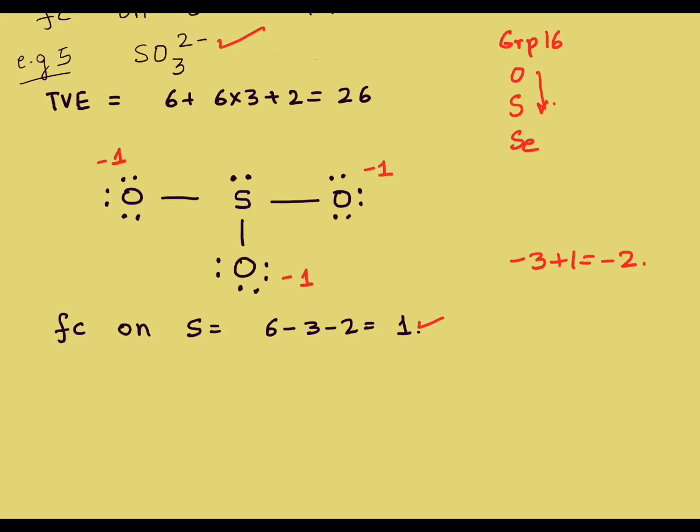I've already discussed the periodic properties of elements in my video on the periodic table. So this sulfur of ours is a big atom. He is a big host. So a big host is happy to accommodate more. It is happy to form more bonds.